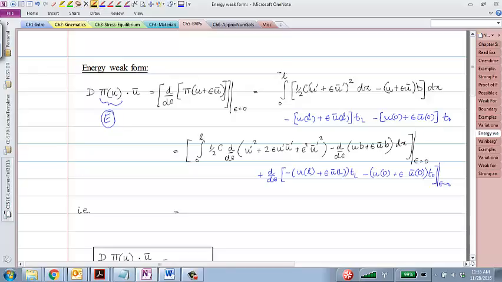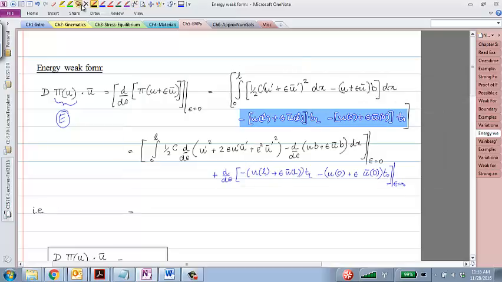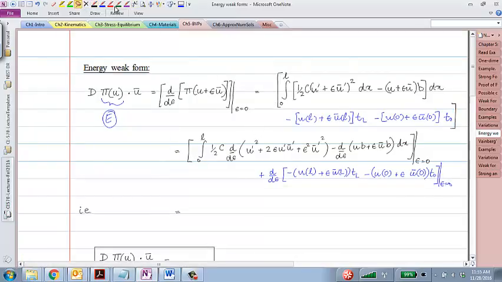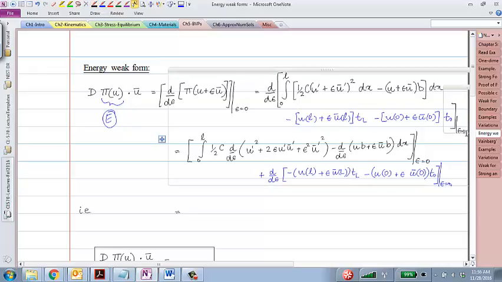I still need to take the derivative of this entire term with respect to epsilon, and after taking the derivative I need to set epsilon equal to 0. So going from this step to this step, all I've done is expand out this term as its square expression, and I've also moved this d by d epsilon into the integral. Can I do that? Can I move this d epsilon inside the integral?